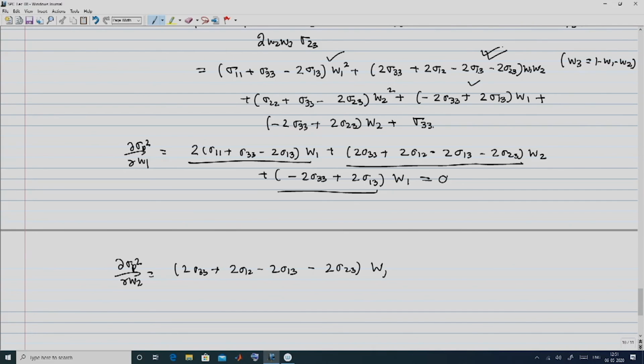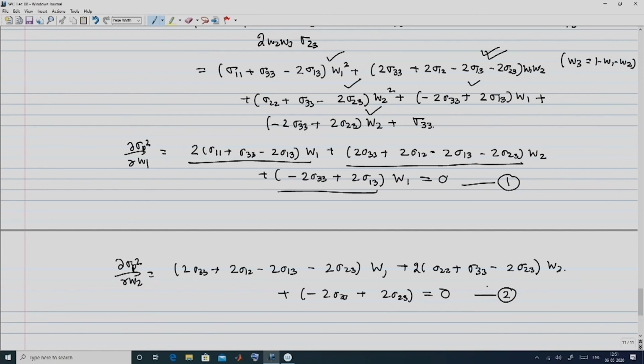So, it is again from this term, plus twice sigma 2 2 plus sigma 3 3 minus twice sigma 2 3 into W 2, which comes from this term, and I will then have minus twice sigma 3 3 plus twice sigma 2 3 from this term, and this is set equal to 0. So, I call this equation 1, and I will call this equation 2.